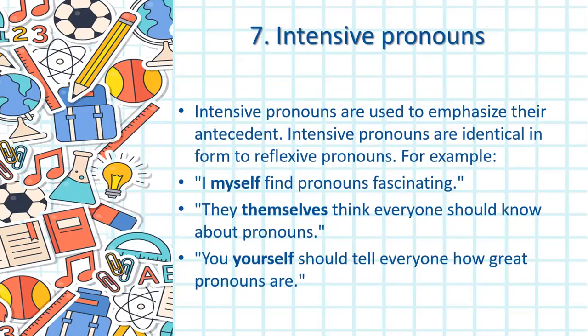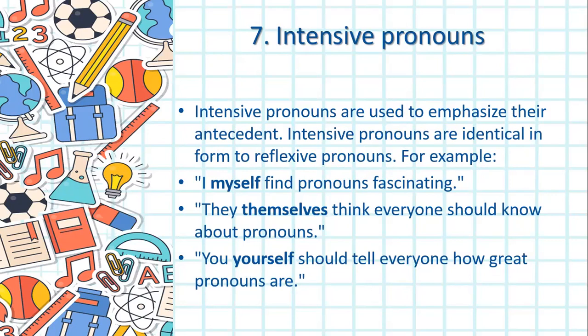So I myself find pronouns fascinating. You see, myself is really close to myself in reflexive one, but there is a difference: this one is used together with the pronoun, not at the end of the sentence, but together, and also shows that you did it.